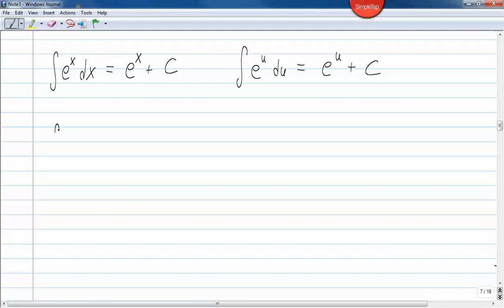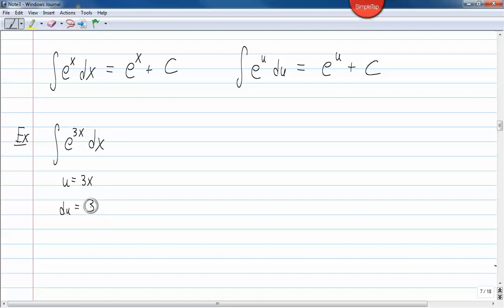Alright, so for example, let's say that I wanted to integrate e to the 3x dx. The first thing I do is write my u down. U is equal to 3x. So what is du equal to? 3. The derivative of 3x is 3. So there cannot be an x in front of the term or below the term.